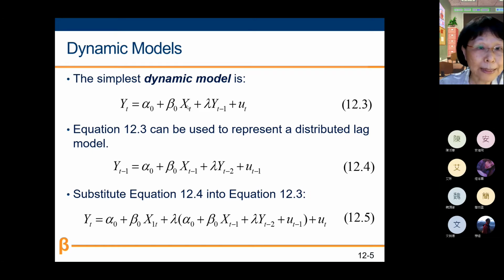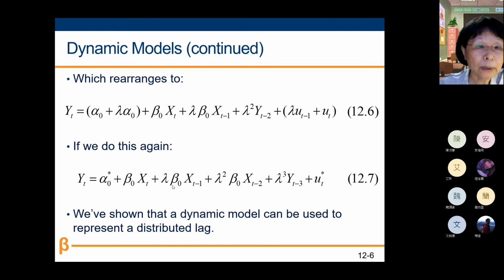12.3, just one xt, right? And it can be expressed as one more x with t minus 1, and also xt minus 2, but with lambda, and also yt minus 3.